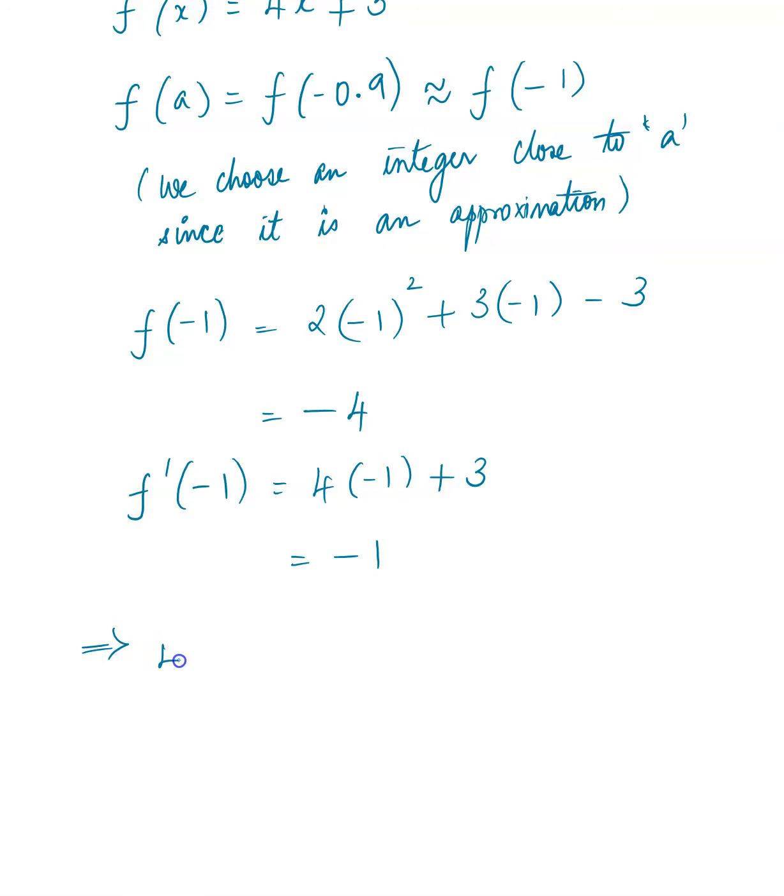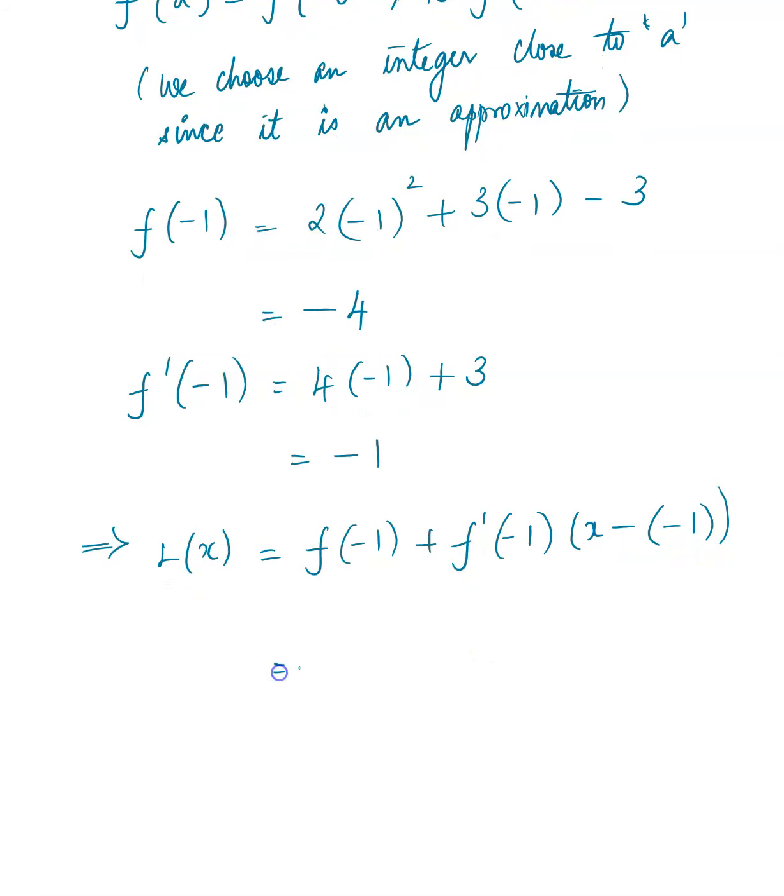And so this is so much easier to find the linearization. So f of negative 1, x minus a, negative 1. Double minus there. That's negative 4 plus a negative 1 times x plus 1, because I combine the minuses.